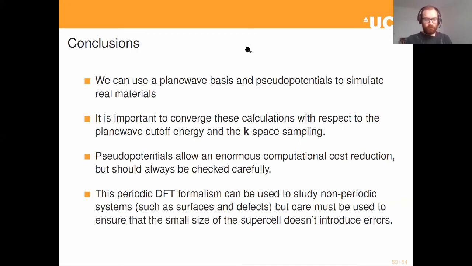But anyway, there are a few particular points that I really wanted to emphasize from what we've covered today. The main thing is that we can use plane waves and pseudo potentials very successfully to simulate materials. But it's really important when we're doing these sorts of calculations, and we'll perhaps discuss this in more detail next week, to understand the convergence of the numerical quality of our calculation and what accuracy we've actually achieved.